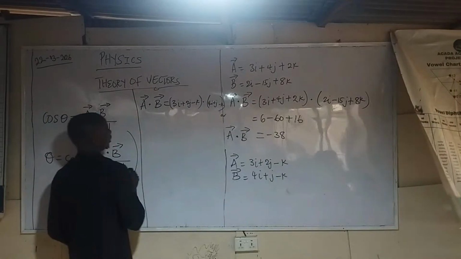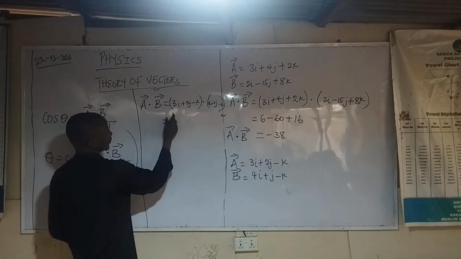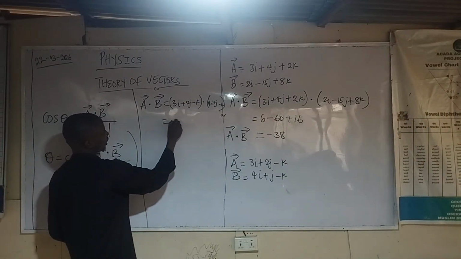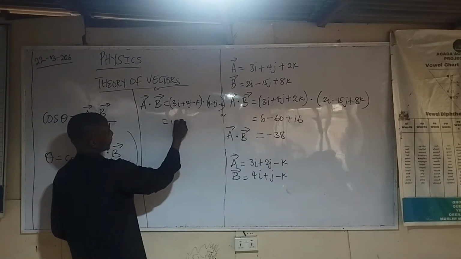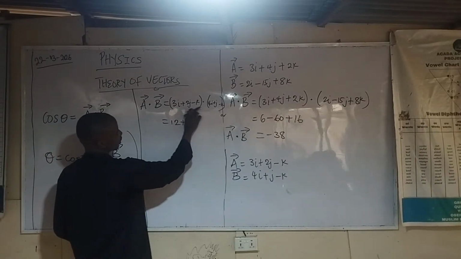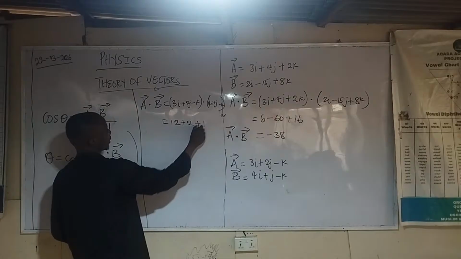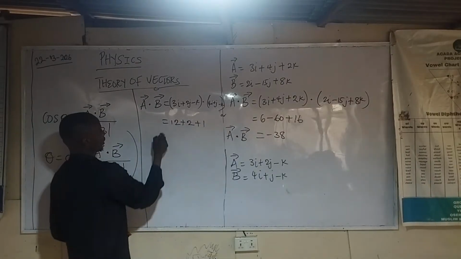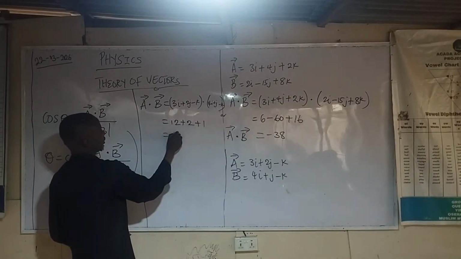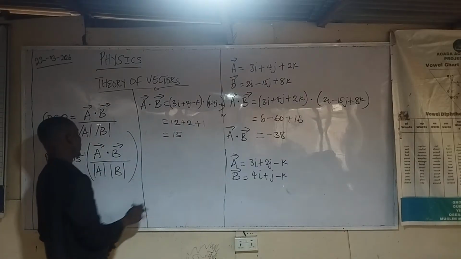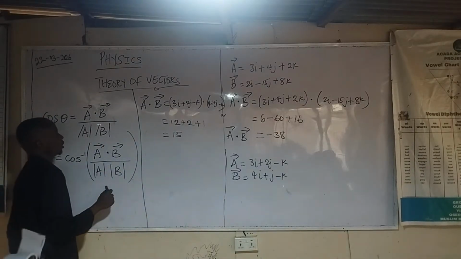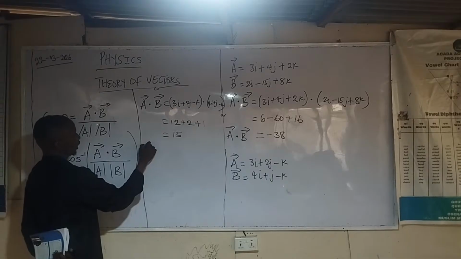So what do we have? 12 plus 2 plus 1, so we have 15. Now you look for the magnitude of A and B.